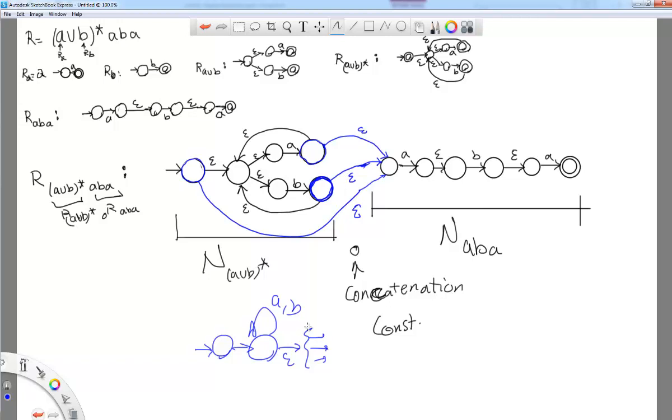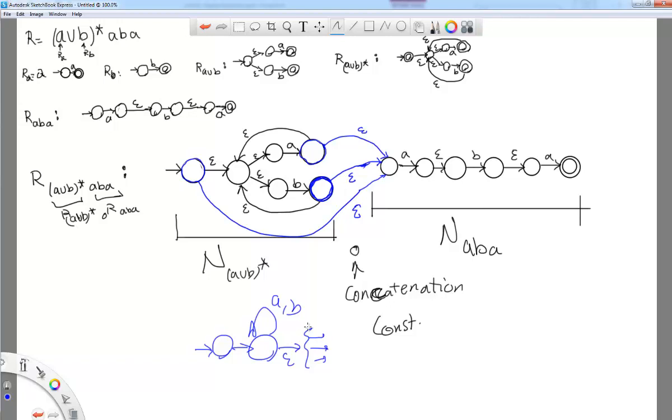But this effectively completes our proof, along with a couple of examples that show how you can convert regular expressions to finite automata. And since finite automata recognize regular languages, if a language is described by a regular expression, then that language is a regular language.